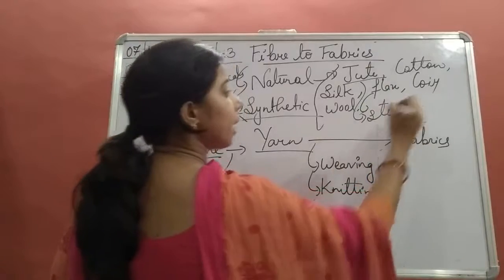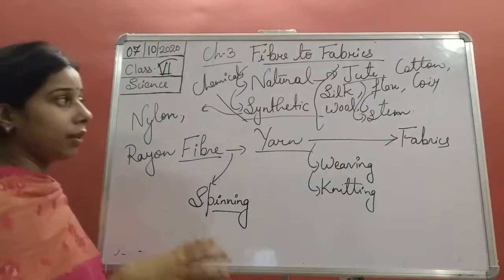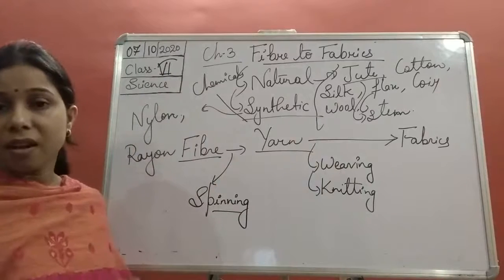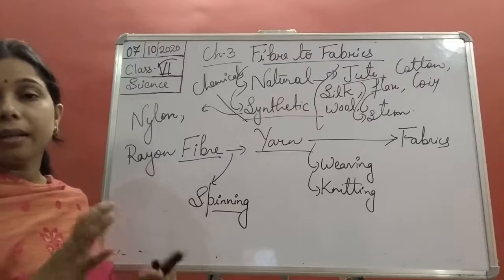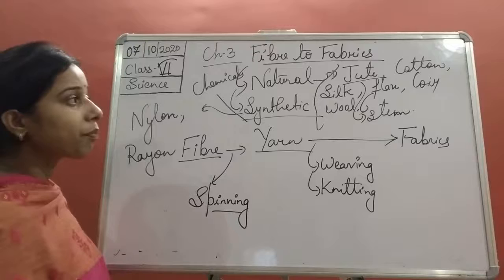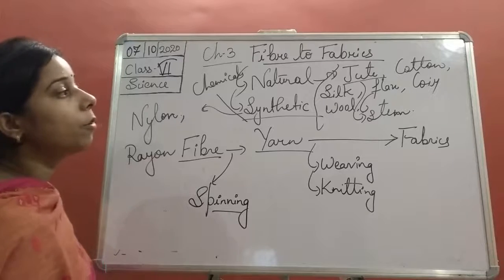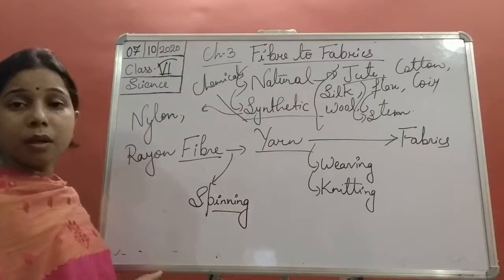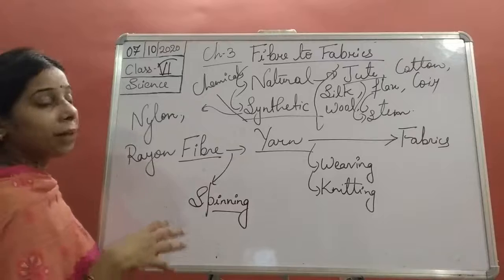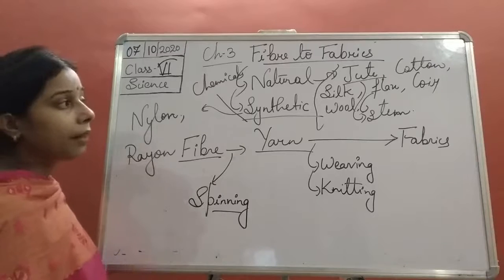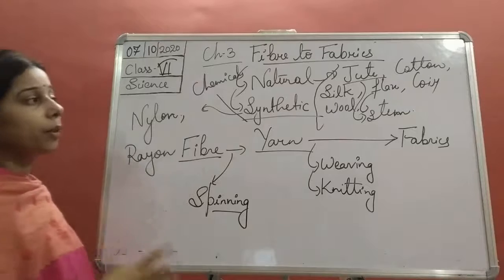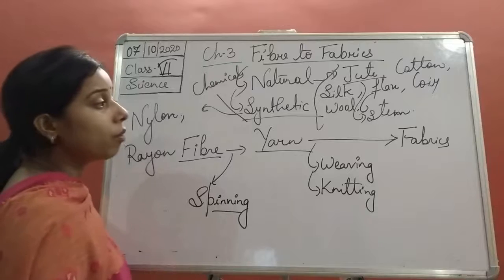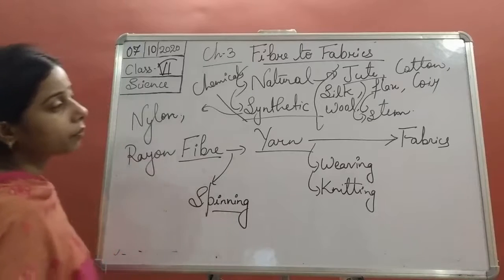For jute, we take the jute in a cluster, harvest it when it is at the flowering stage, and after that we keep it dipped in water for a few days. After that you will observe that the jute stalk is separated out, and from the jute rods you can separate the fibers. So we can say that jute we obtain from the stem of the plant. Flax also we obtain from the stem of the plant.